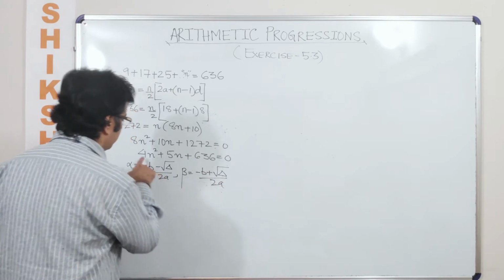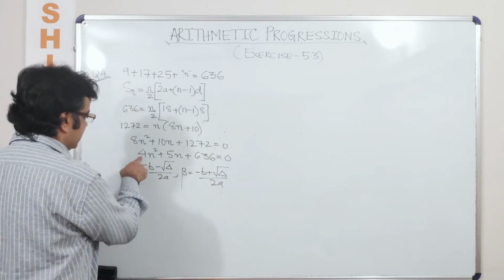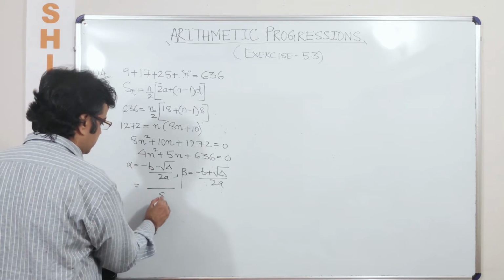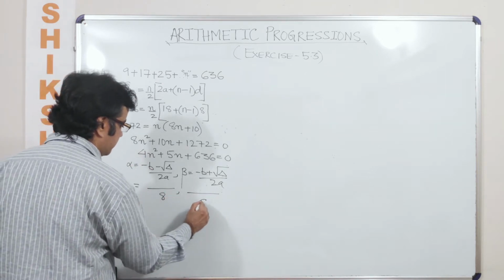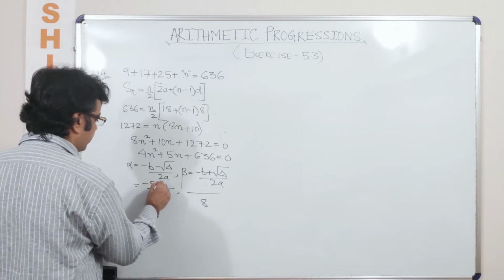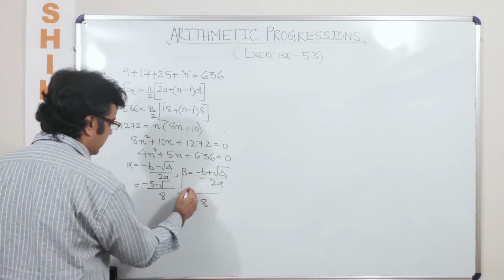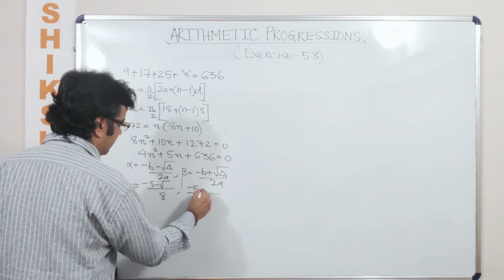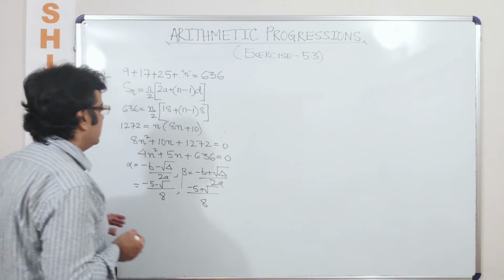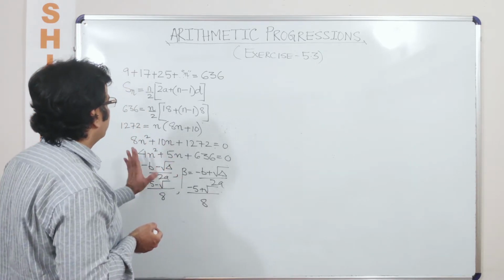So we just need to substitute the values, which is divided by 8 in both cases. Minus 5 minus root delta, minus 5 plus root delta. Now we need to calculate delta, and we know that delta is equal to b square minus 4ac.